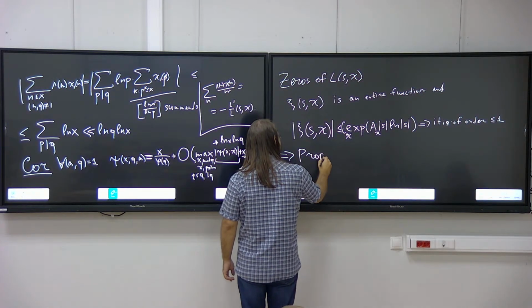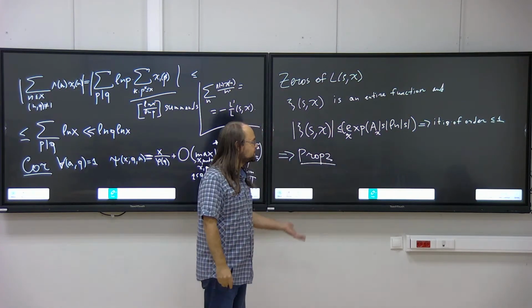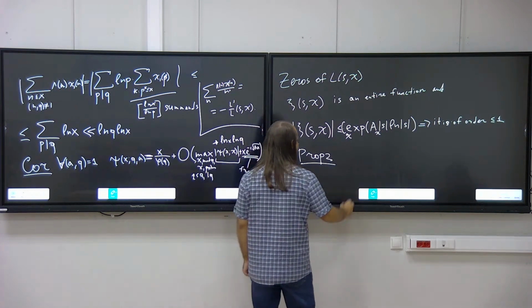This is proposition 2, which will not be proved because there is nothing to prove actually.